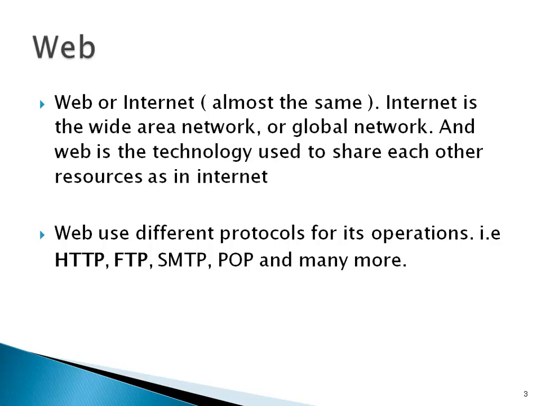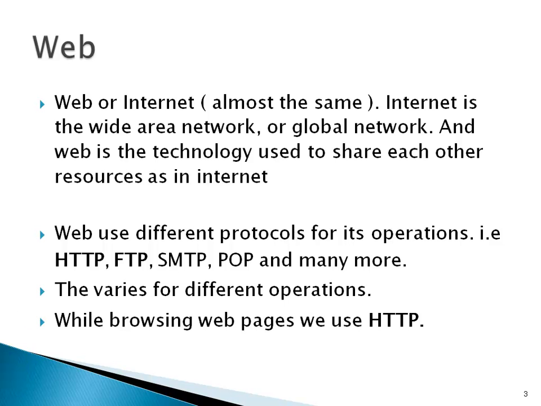That is the HTTP protocol, which means hypertext transfer protocol, FTP, which means file transfer protocol, SMTP, simple mail transfer protocol, POP, which we will explain later, and many more. While browsing web pages, we use the HTTP protocol. While uploading a file, we use the FTP protocol, and while transferring a mail, we use the SMTP protocol or the POP protocol.